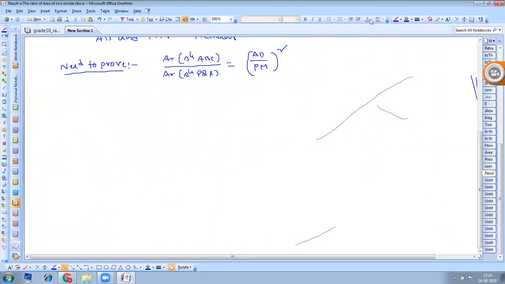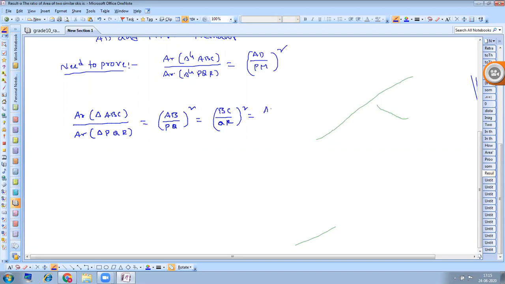Yeah, simple. Same way I told in the previous. We already proved from the previous statement, area of triangle ABC divided by area of triangle PQR will be equal to (AB by PQ) whole square, and for the rest of the sides, (BC by QR) whole square will be equal to (AC by PR) whole square.